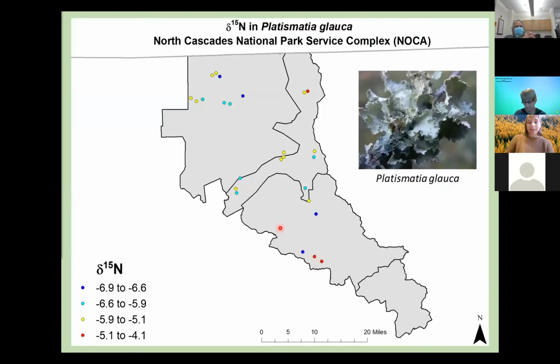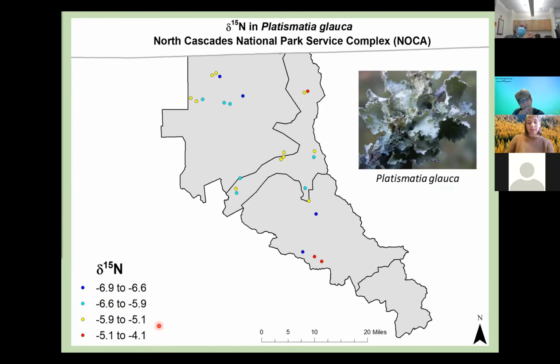So looking at my data collected from the North Cascades, focusing again on just one of the collected lichen species, Platismatia glauca, we see that the delta 15 N values were very negative, ranging from -6.9 to -4.1 per mil. The lowest values are in dark blue, then light blue, yellow, and red indicates the most positive values.